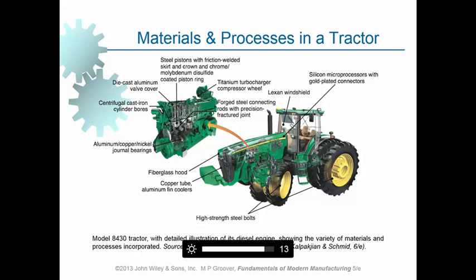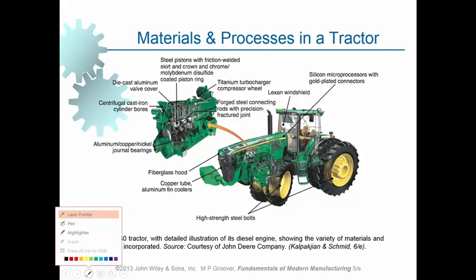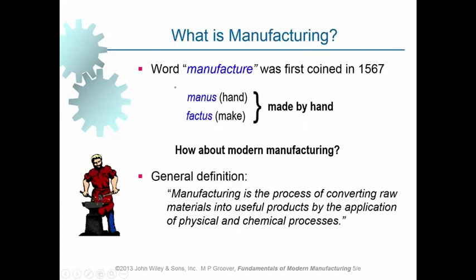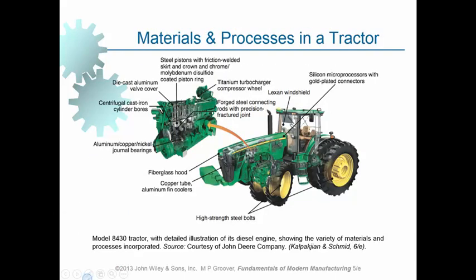Taking a look at the engine of the tractor, right here we can see that this is the engine, and in the engine, as we can see, there are hundreds of parts that are made to precise dimensions, and they are all assembled together and they work together in order to produce the required power for the tractor.